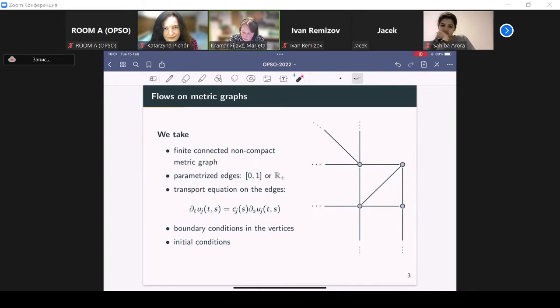That actually we have some edges that have both ends, and then we also have some edges that go to infinity. Okay, and then what we do, we parameterize these edges. So we have, for example, these compact edges. We parameterize them as intervals.